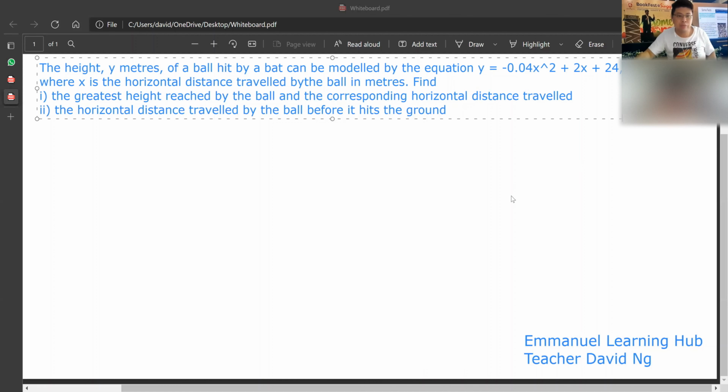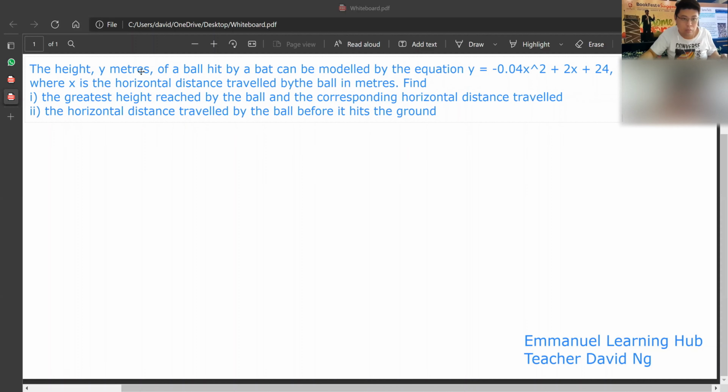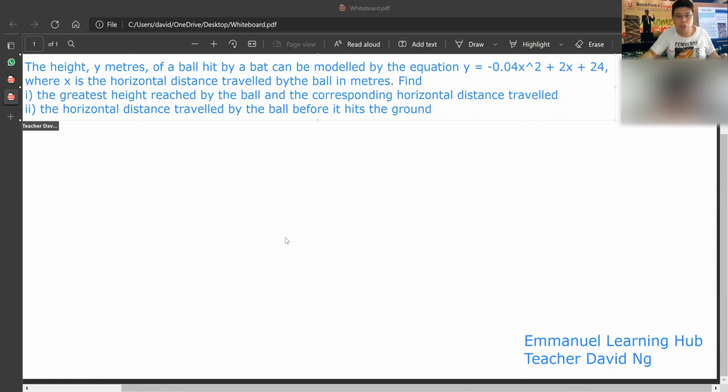Okay, that's the question. Just now I already finished part one. But part one is not that hard. Part one is just completing the square.